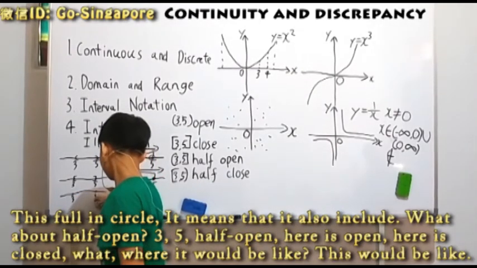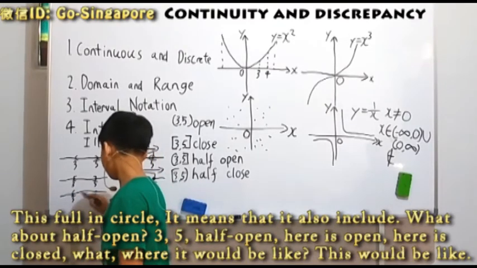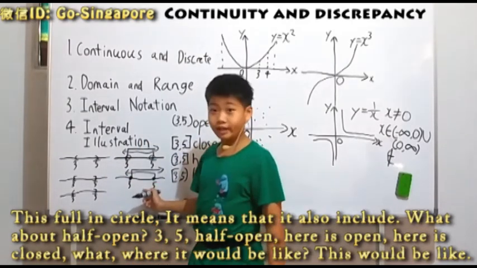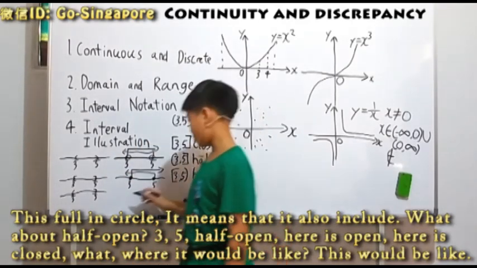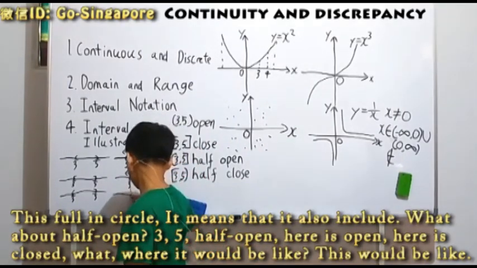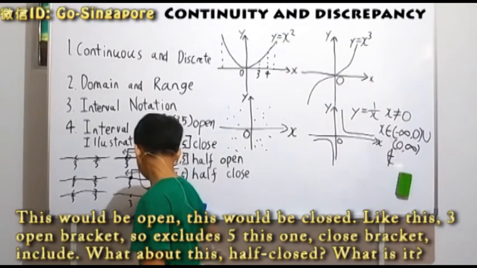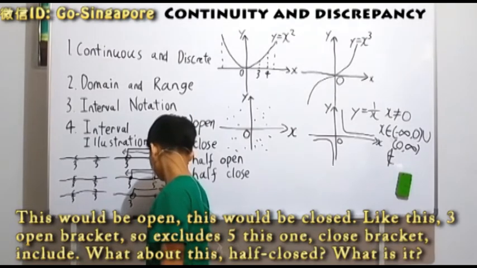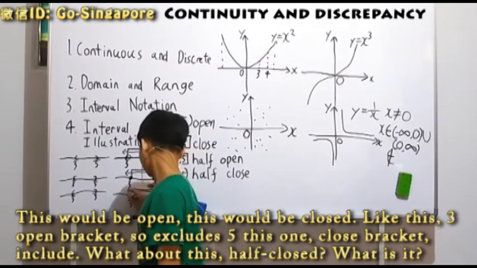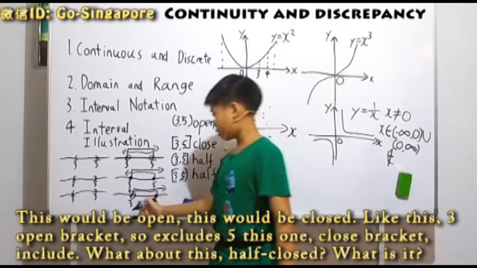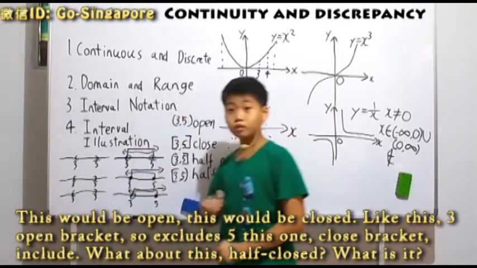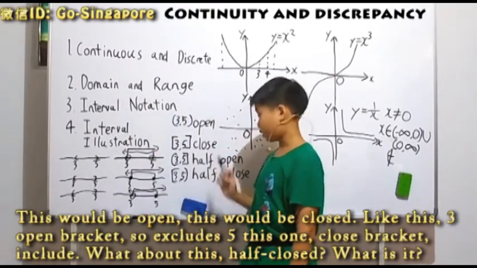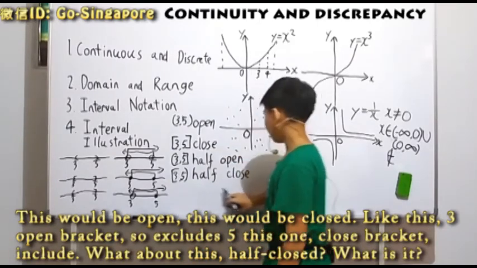Three, 5. Half open. Here is open. Here it's closed. What will this be like? This will be opened, or this is closed, like this. 3 open bracket, so we exclude 3, this one close bracket, include 5. What about this?